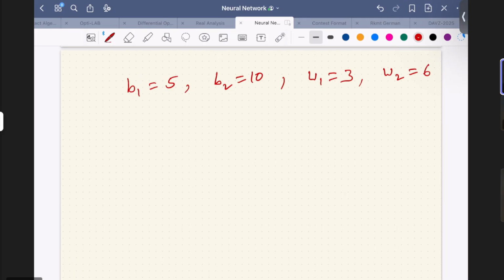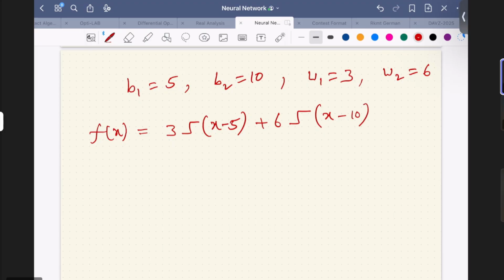Now what is your f of x? Your f of x is 3 times the step function of x minus 5, plus 6 times the step function of x minus 10.